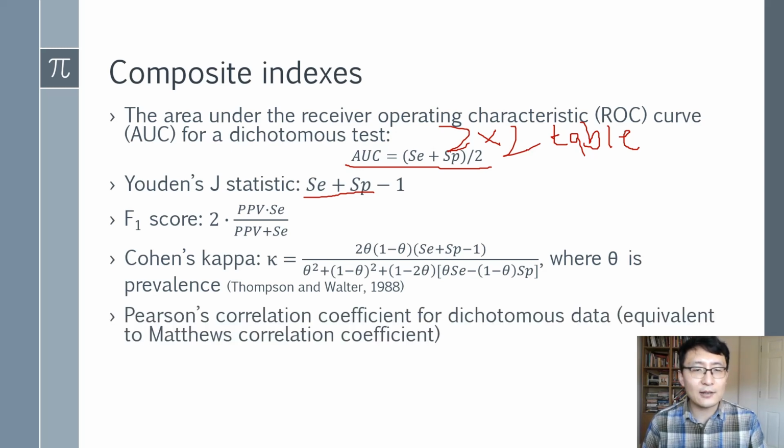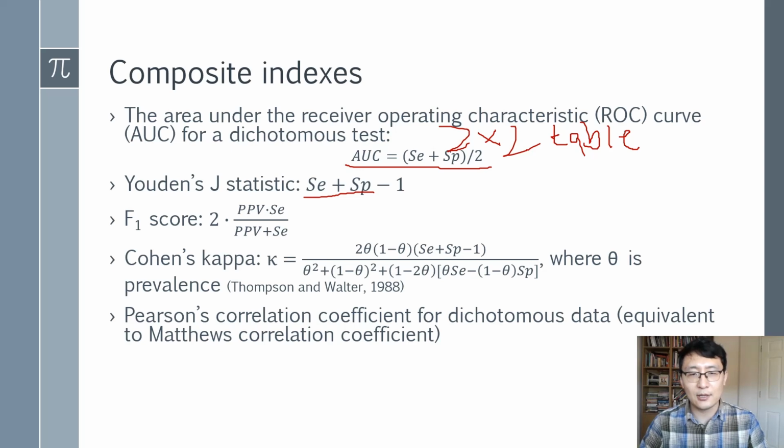So finally, I'm sure you are familiar with Pearson's correlation coefficient. I think many of you are already familiar with this. It turns out that for binary data, Pearson's correlation coefficient is equivalent to Matthews correlation coefficient.